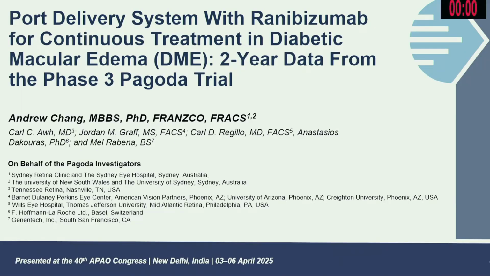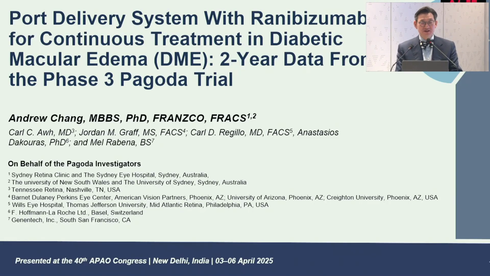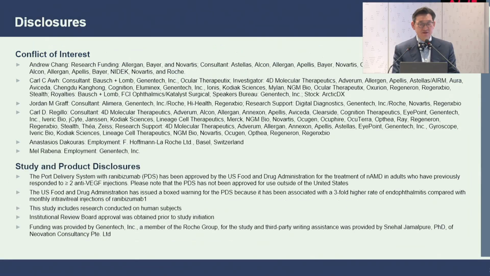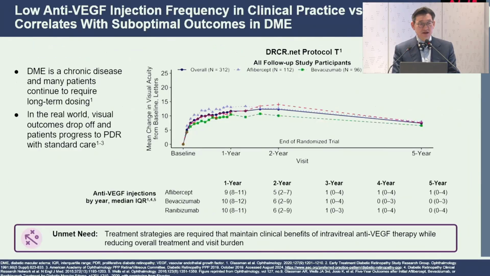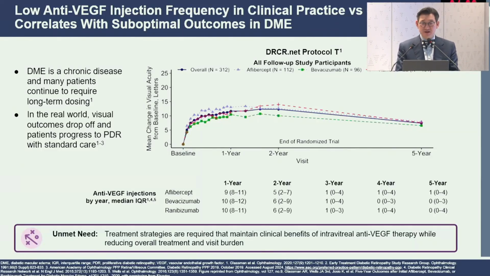Yep. My next talk is also on DME, but a more continuous delivery of drug. This is 2-year data from the Pagoda trial, and this is studying the port delivery system with ranibizumab. These are our disclosures. We know that DME is a chronic disease and that many patients continue to require long-term dosing.